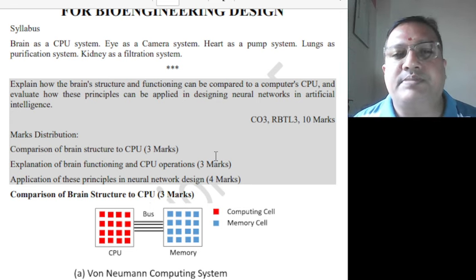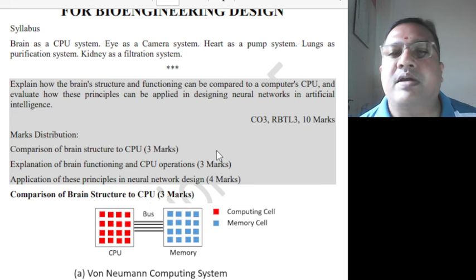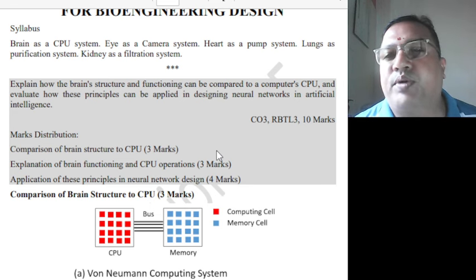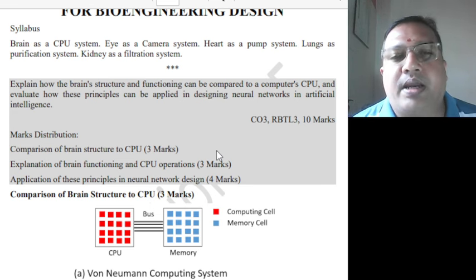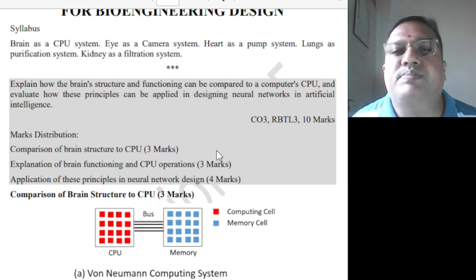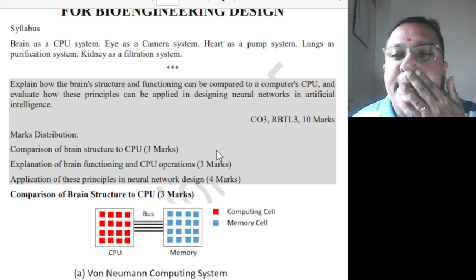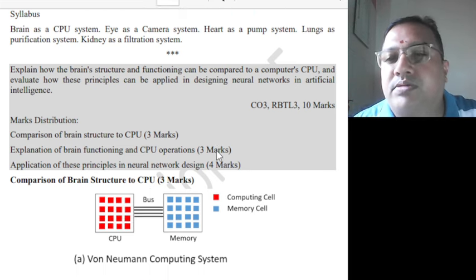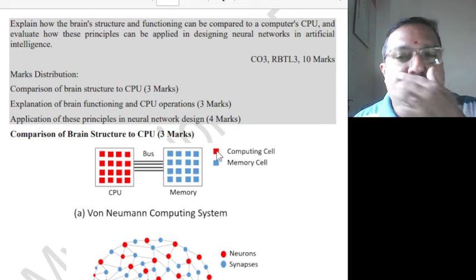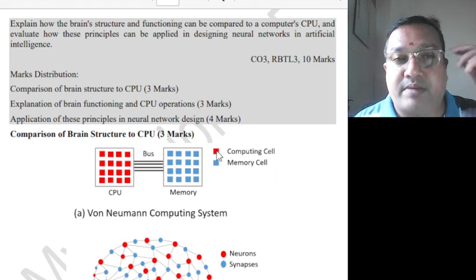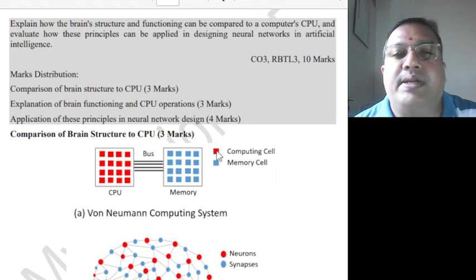Therefore, the first question given is: explain how the brain structure and functioning can be compared to a computer's CPU, and evaluate how these principles can be applied in designing neural networks in artificial intelligence. Okay, so it's connecting to artificial intelligence, how artificial intelligence and brain intelligence can be connected.